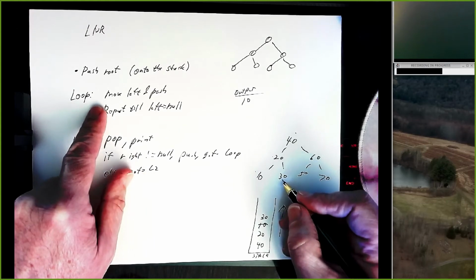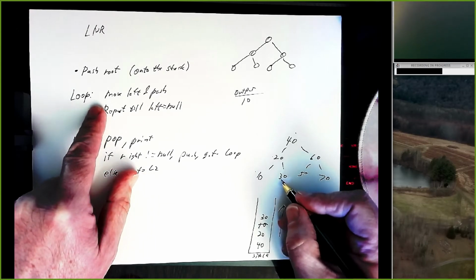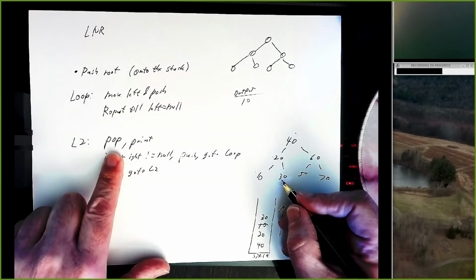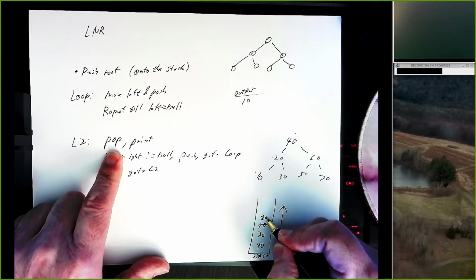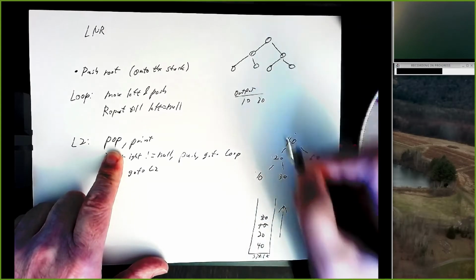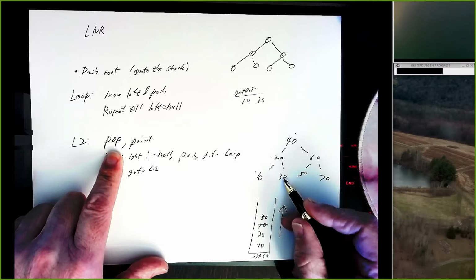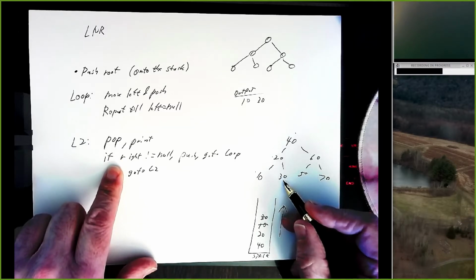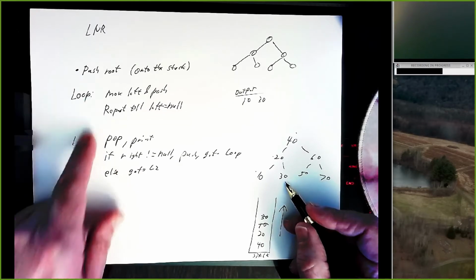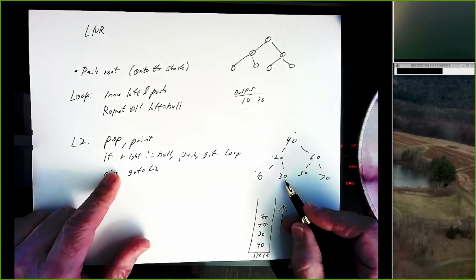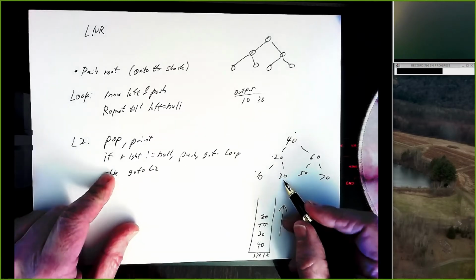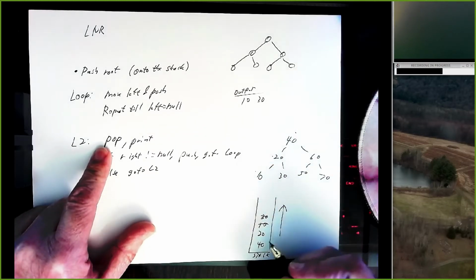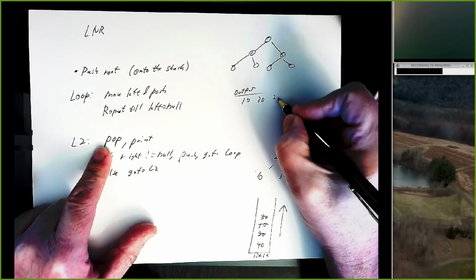So loop says move left. Well, there's nothing to the left of 30, so we can't do that. So we'll come back here. We'll pop the top of the stack and print it. And then if there's something to the right, we would push it. Well, there's nothing to the right of the 30, so we go back to L2. So L2 says pop the top of the stack, which is a 20.